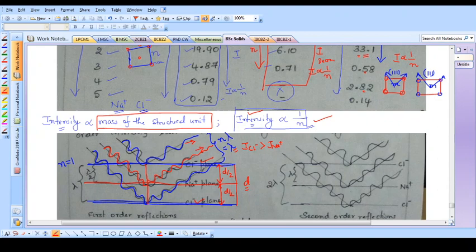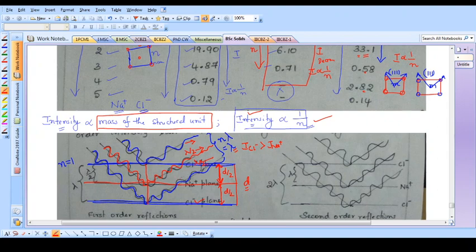It should be lambda by 2, because you have reduced the distance by d by 2, so the path length will also be reduced by half. The path difference between the X-rays reflected by a chloride plane and the X-rays reflected by a sodium plane will be lambda by 2, and a path difference of lambda by 2 is a condition for destructive interference.